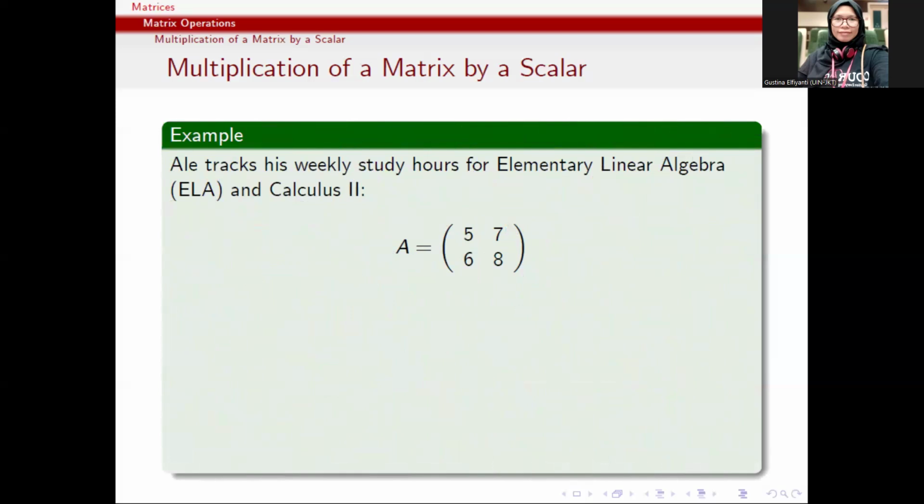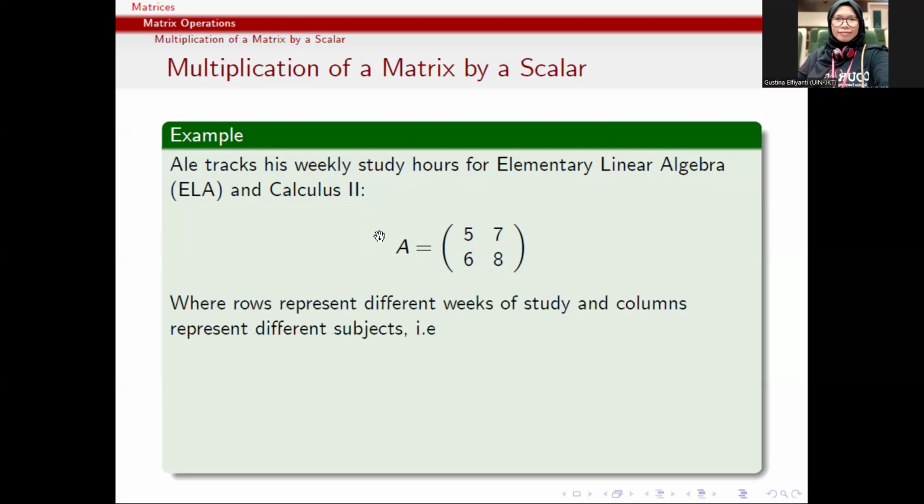For example, let's say Ale tracked his weekly study hours for elementary linear algebra and calculus 2. Here is the matrix. In this matrix, rows represent different weeks of study and the columns represent different subjects.